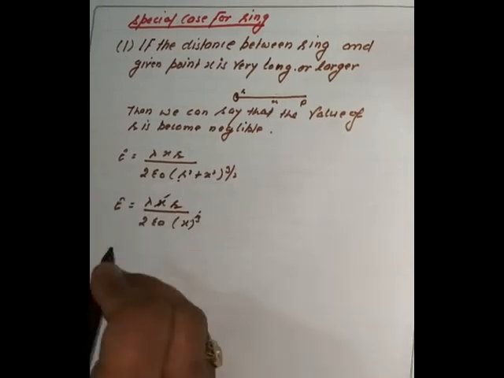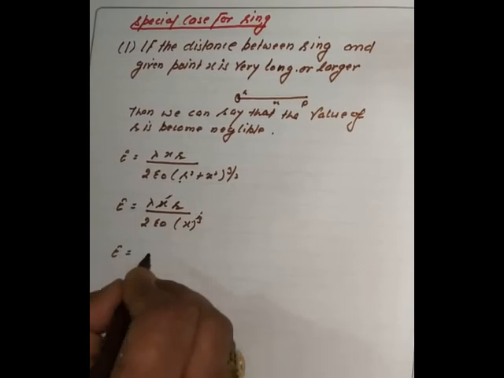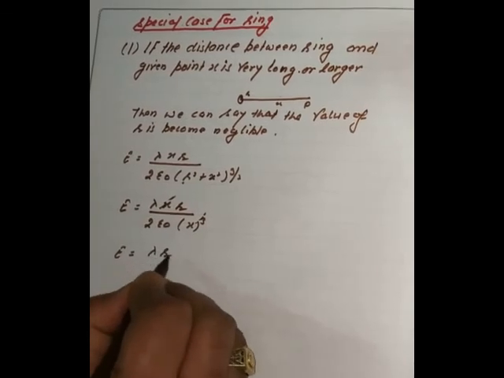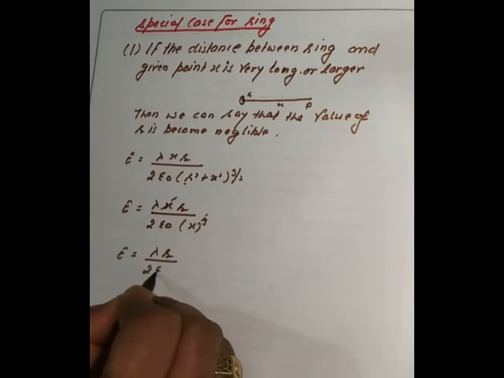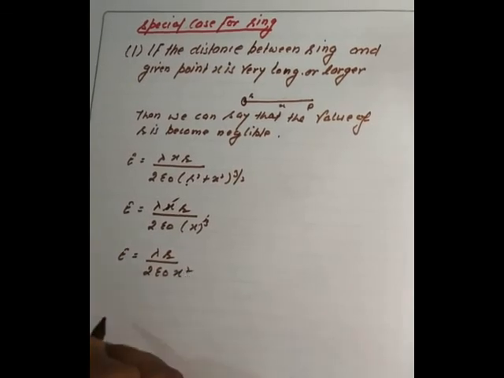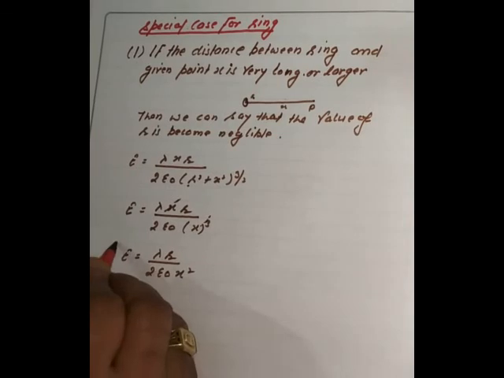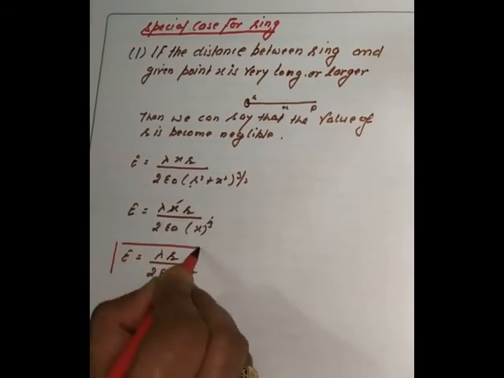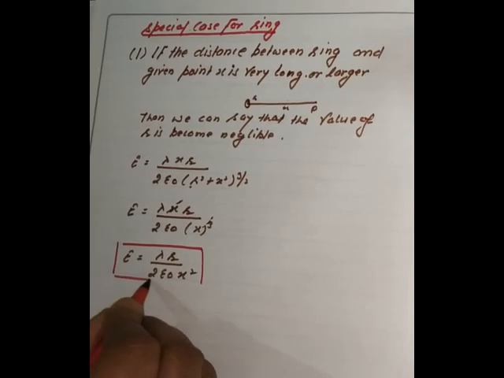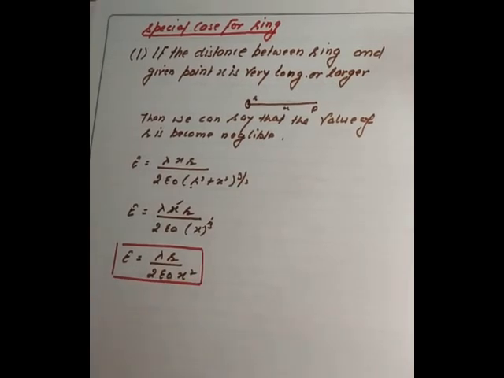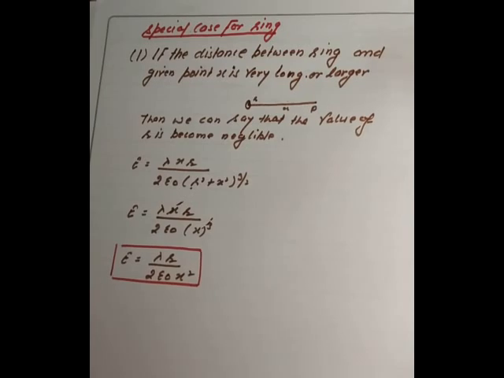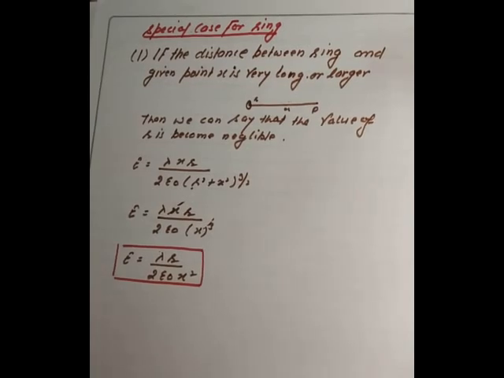So here electric field E will become lambda r upon 2 epsilon naught x square. This is the value when the distance between the center point and point P is very large.